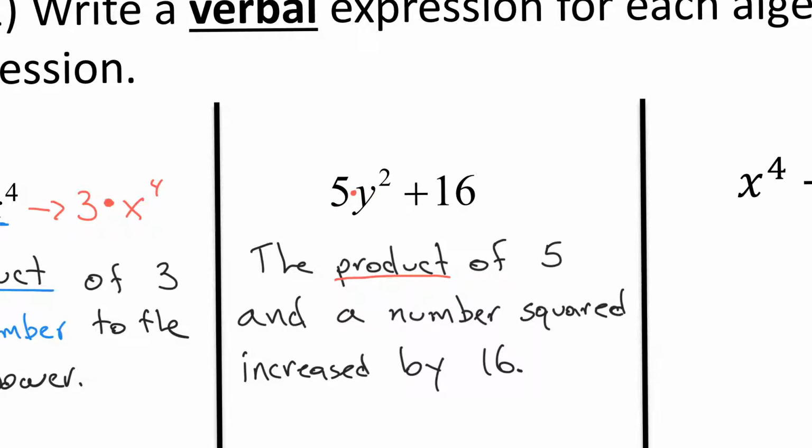So we have the product of 5 and a number, so the number represents the y, just a variable, it can be any letter in the alphabet, a number squared, so the squared is already taken care of right here, increased by 16. And let me just underline that word increased, which means you're adding. Increased by 16. There are many other ways you can say to add, but increased is just a word that we can use to represent this in a sentence.